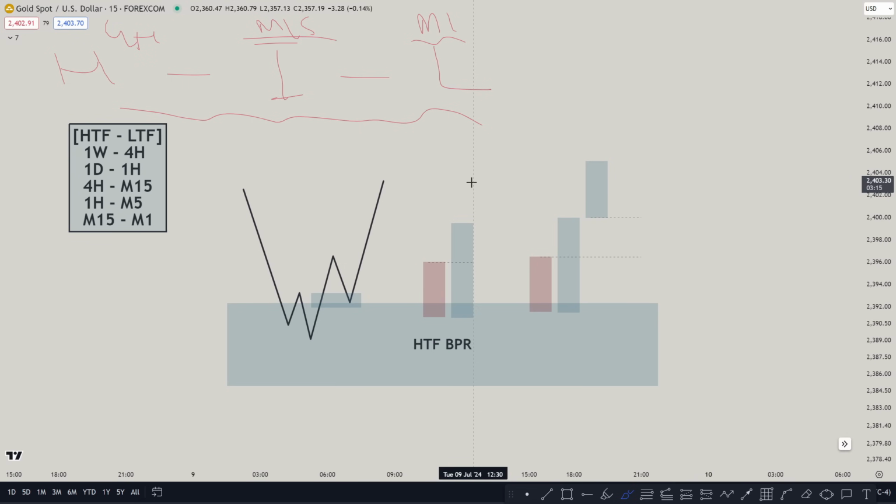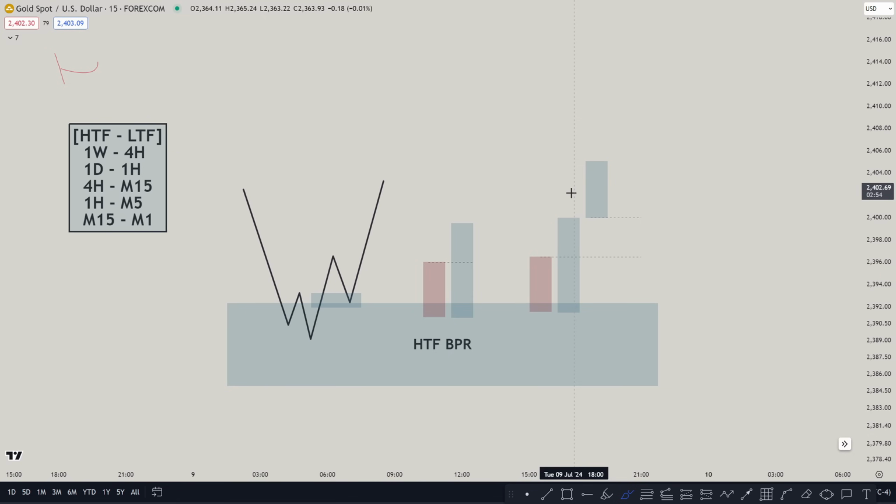If you're aiming for higher reward to risk, obviously with fewer trades, then you can look for this time frame alignment, and I'll leave a video in the description, and it's going to be suggested now, for this type of time frame alignment. Okay, so all we're looking for is simply higher time frame PPR, lower time frame confirmation.